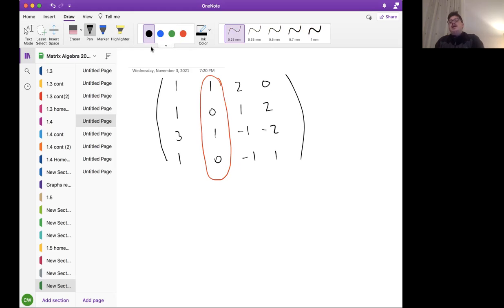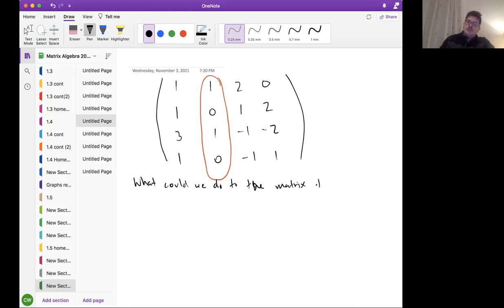Now, from last time, what can we do to this matrix to make column 2 even easier to work with? So what did we do last time? What could we do to the matrix?